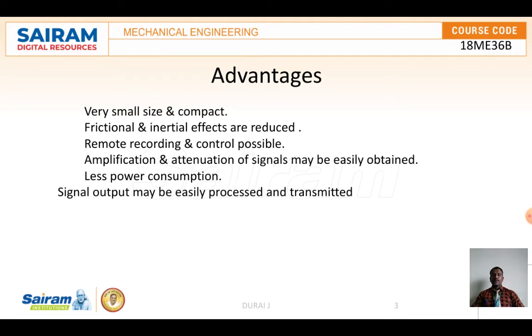So the advantages of this electrical transducer are that it is very small in size, and the frictional and inertia effects are mainly reduced compared to a mechanical transducer. Remote recording and control is possible, and amplification and attenuation of signals may be easily obtained.